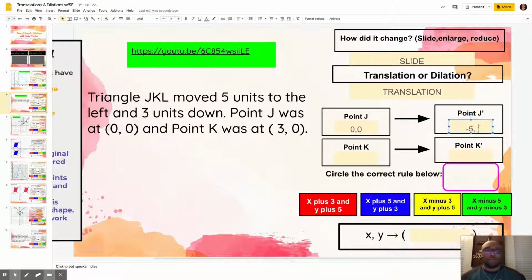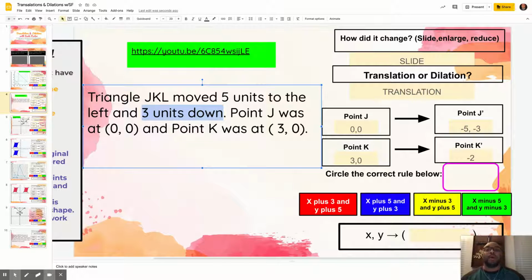So -5, -3. Point K was at 3, 0. So K prime would be at 3 minus 5, which is -2. And then our y would be 0 minus 3. Now I'm saying -3 because it's 3 units down.